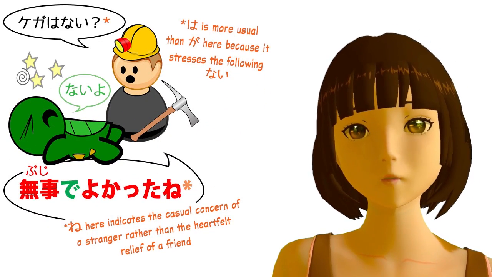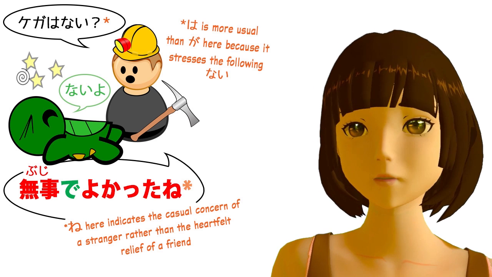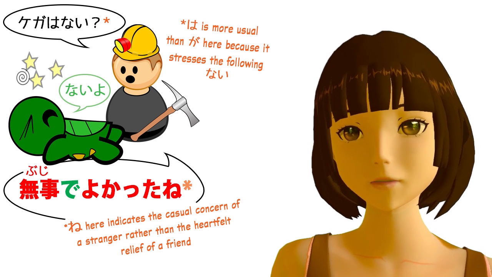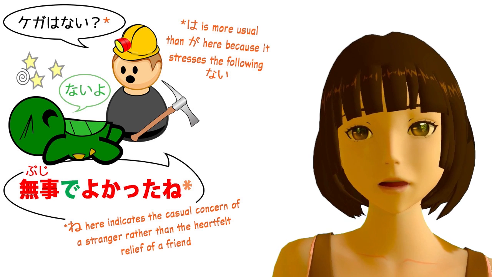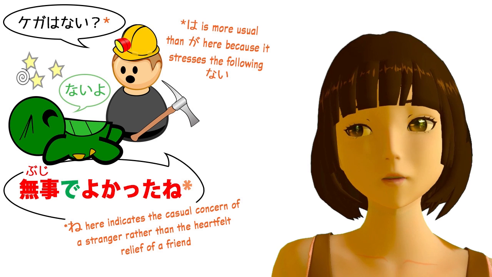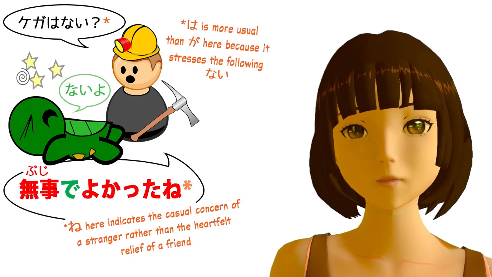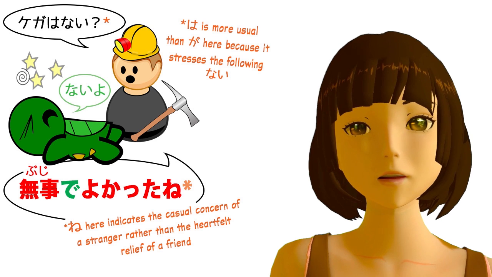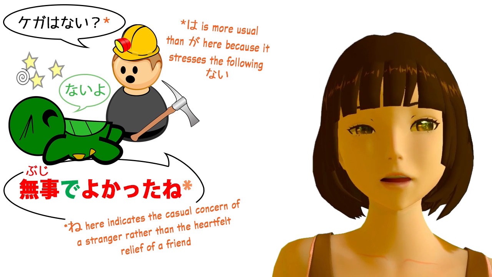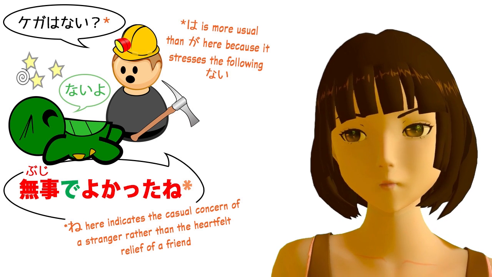Right, so here's another one. Buji de yokatta is another very common expression, and it means I'm glad that you're alright. It's good that you weren't harmed. It's good that you're safe. Buji de yokatta. What do we have here? Once again, we have the te form of the copula. Buji means literally no incident, and therefore it means nothing bad happened, you weren't harmed, you're safe.